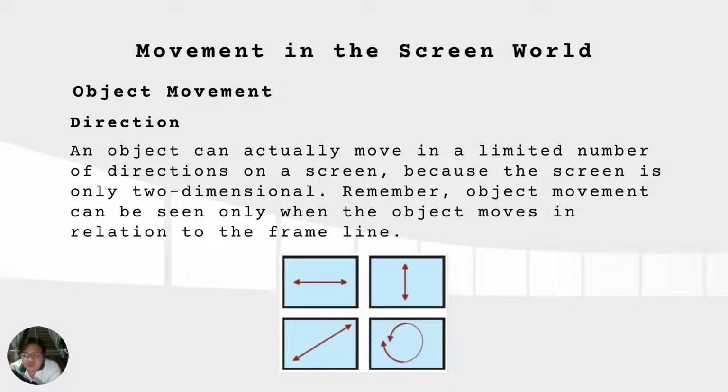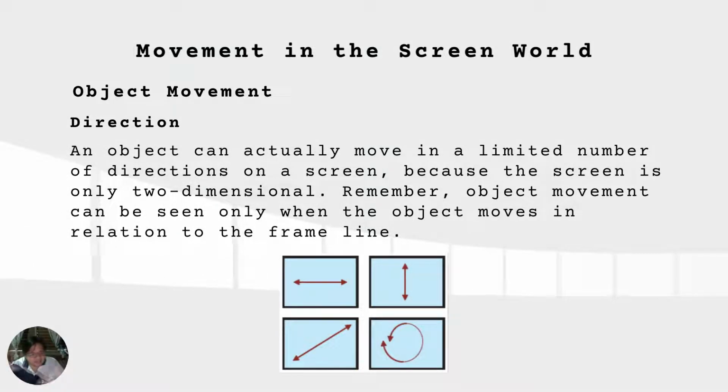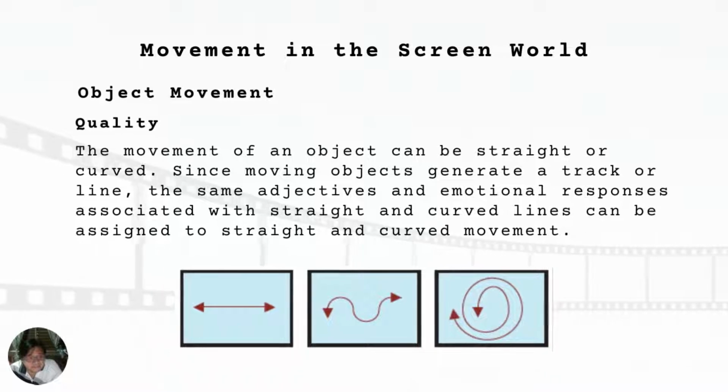An object can make a horizontal, vertical, diagonal, or circular move. Even when an object on screen appears to move in 3 dimensions, all the actual movement is only on the screen surface. Again, it's a relative illusion of movement.